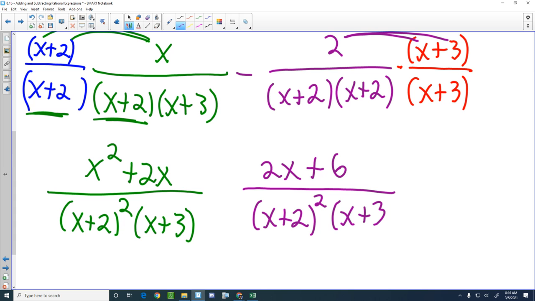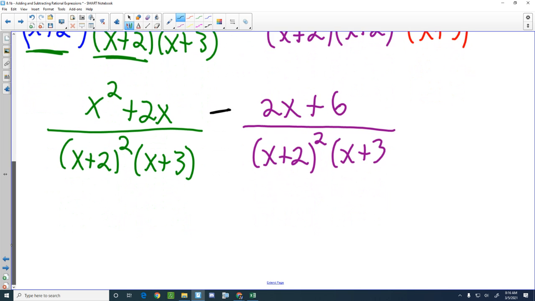But there's one thing we've got to be very careful with at this point, and that's the subtraction sign. I am subtracting these two numerators. What should we do on the right side to make sure we're subtracting correctly? I shall show you.